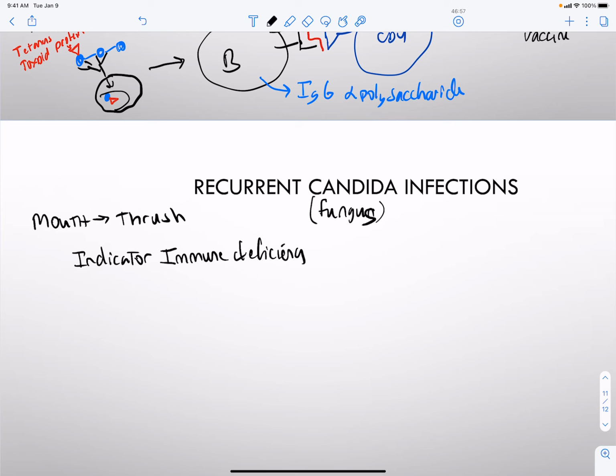It's in the environment. You can't get away from it. And our immune system is very good at defending against it. So even though we don't know everything about our immune response to fungal infections, CD4 T cells, Th1 that are producing interferon gamma, or Th17 that are going to recruit neutrophils are typically the best protection during fungal infections. And so if you continuously have repeated fungal infections, it's an indicator that there is something wrong with the T cell compartment.